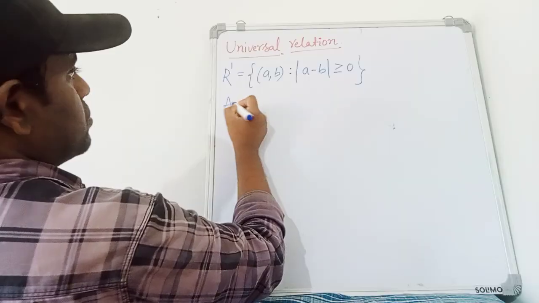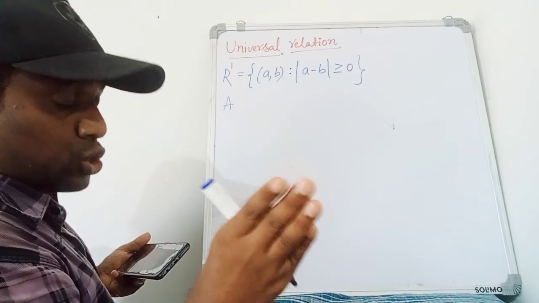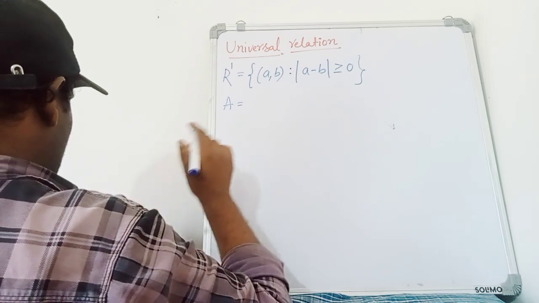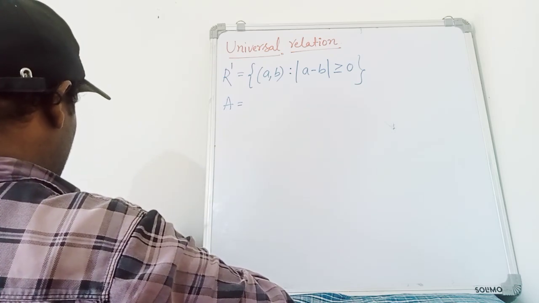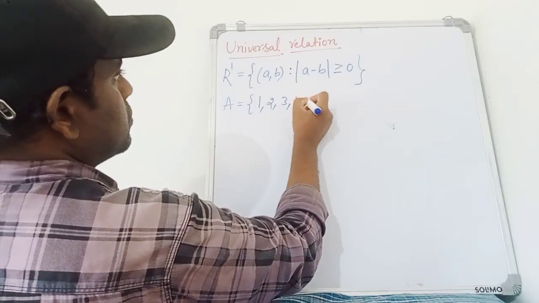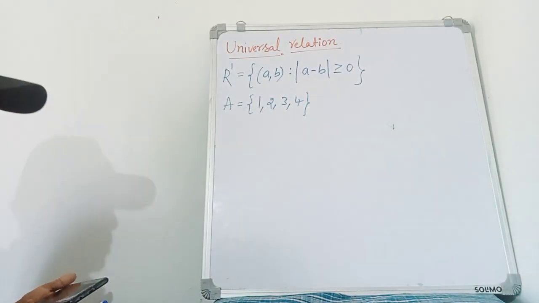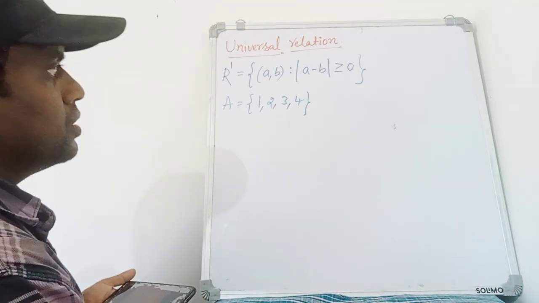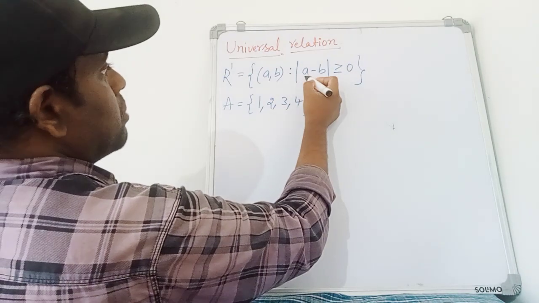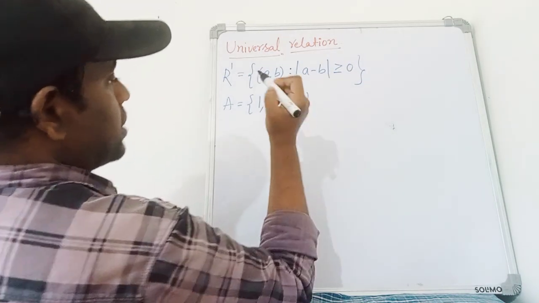The given set is the same one I used for empty relation in that video. The set I have taken is A = {1, 2, 3, 4}. See, you take any numbers a and b from this set.